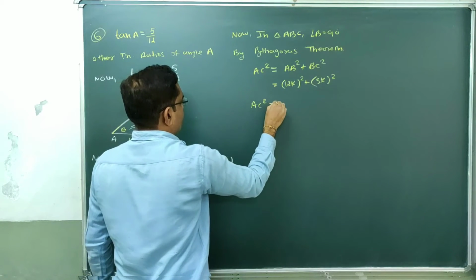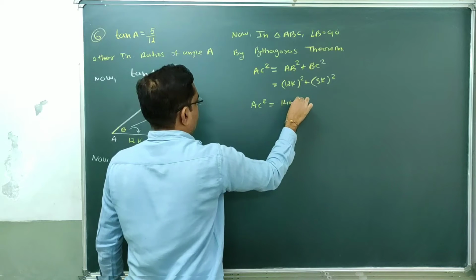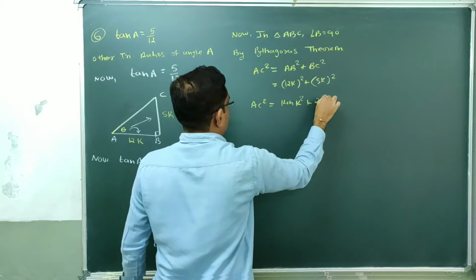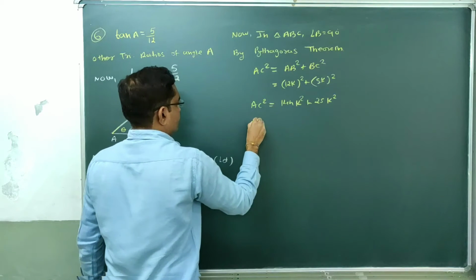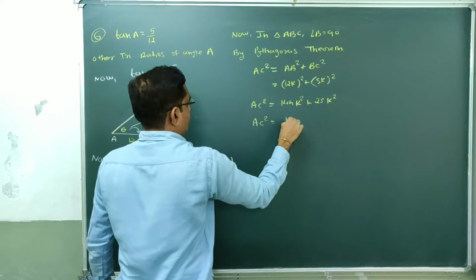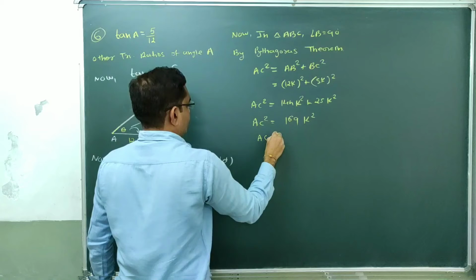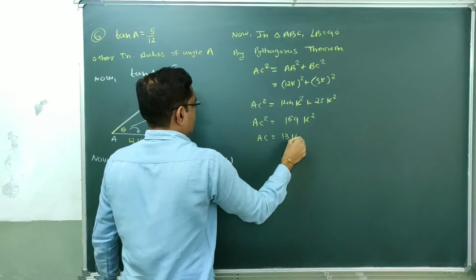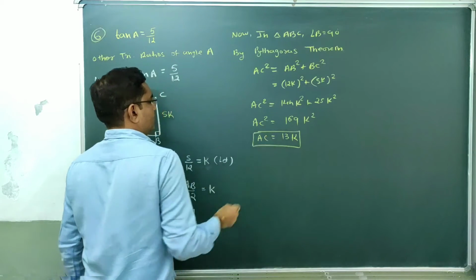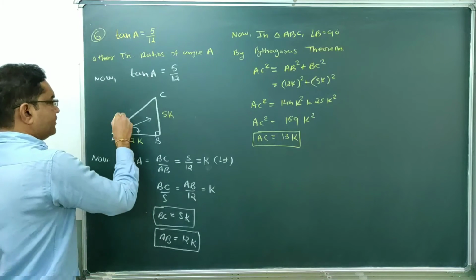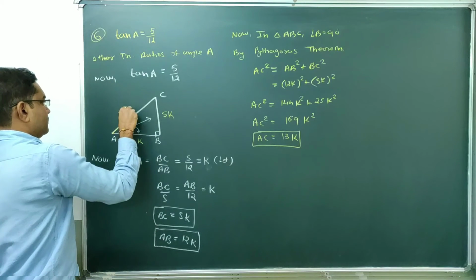So AC square equal to 144K square plus 25K square. AC square equal to 169K square, and therefore AC equal to 13K. So length of this hypotenuse is 13K.